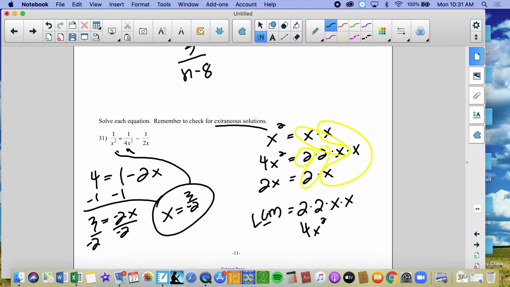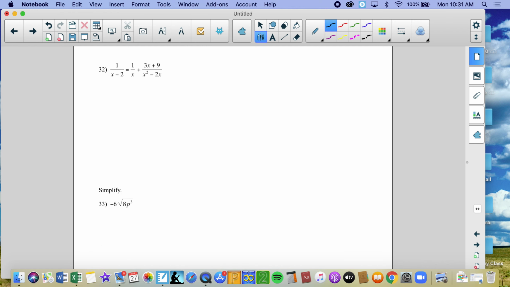No. If I plugged negative 3 halves in for x squared, does that make 0? No. If I plug it in to this x, does it make 0? No, it makes negative 3. So as long as none of the solutions make 0 in the denominator in your original problem, that'll be your solution. So that's your answer. There's only one answer for this one.